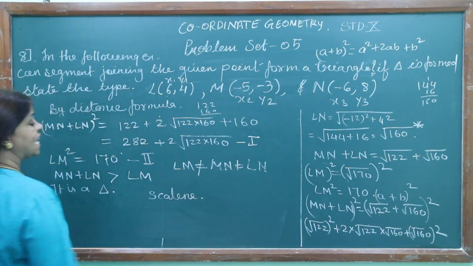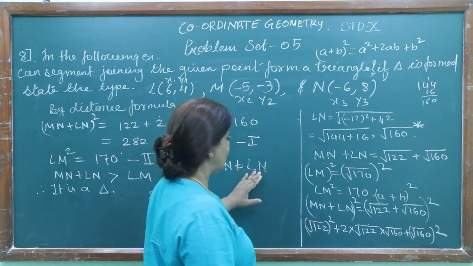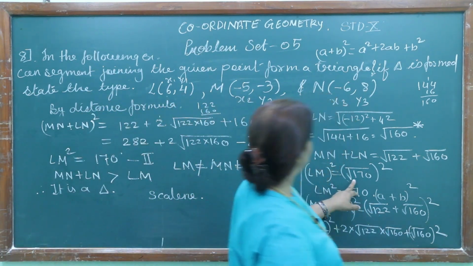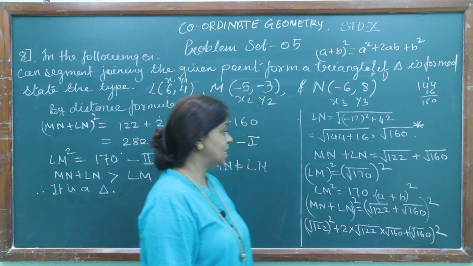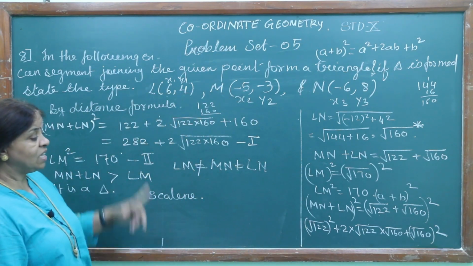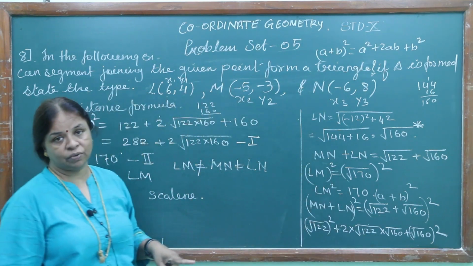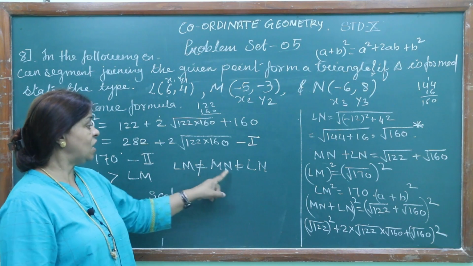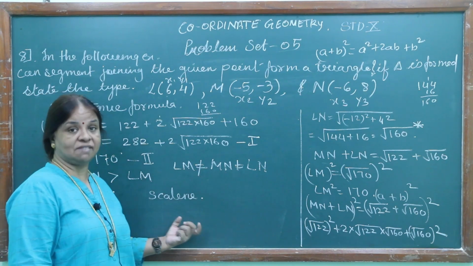LM is under root 170, LN is under root 160, and MN is under root 122. So they all are not equal to one another, so it is a scalene triangle.